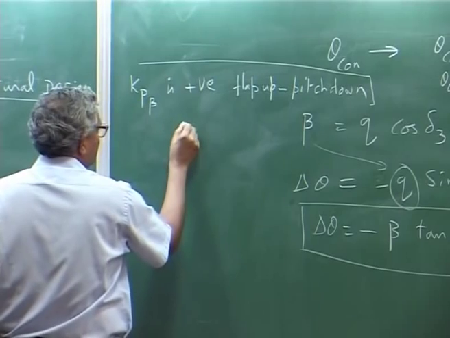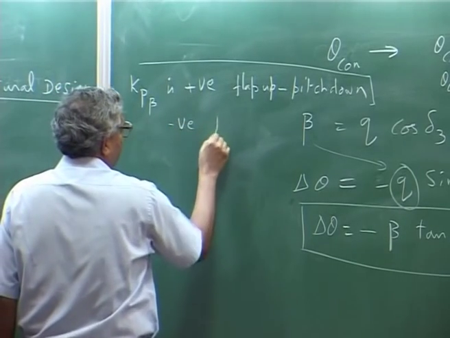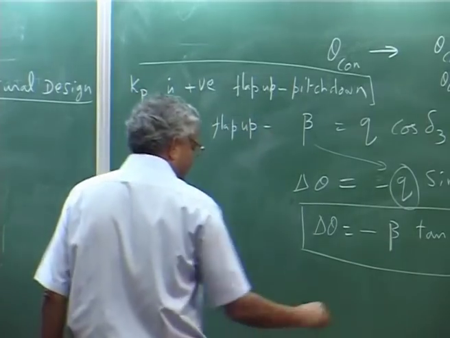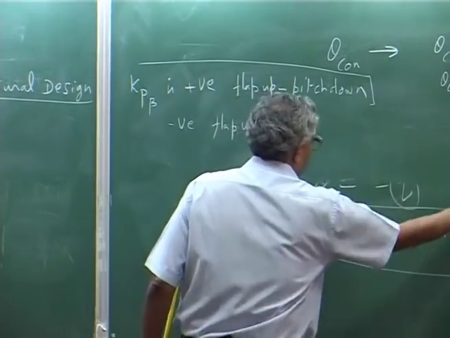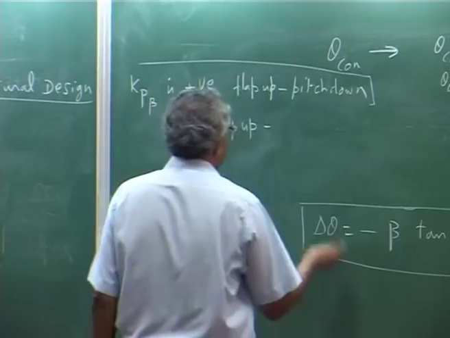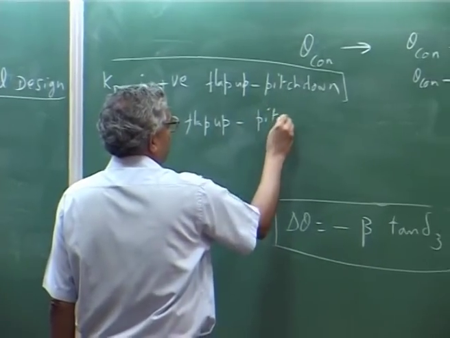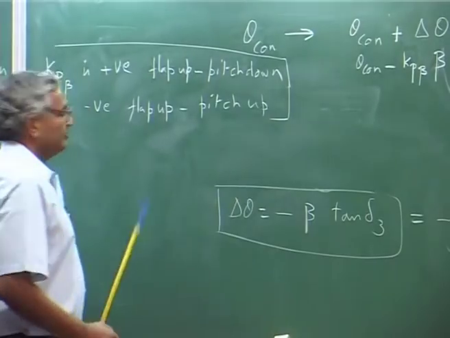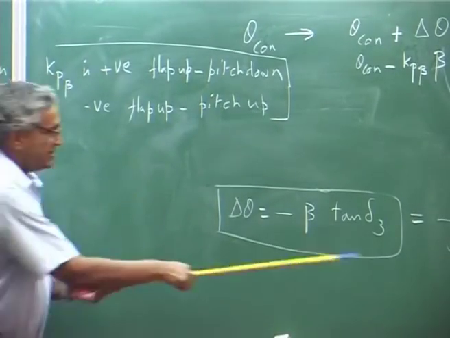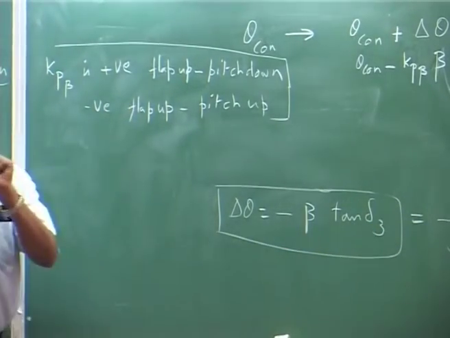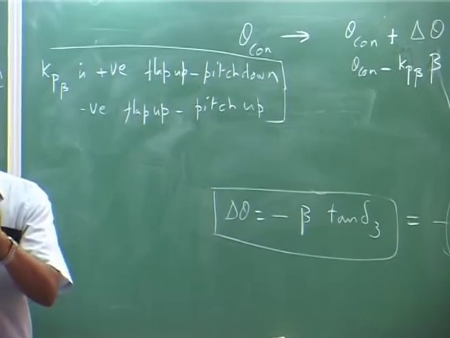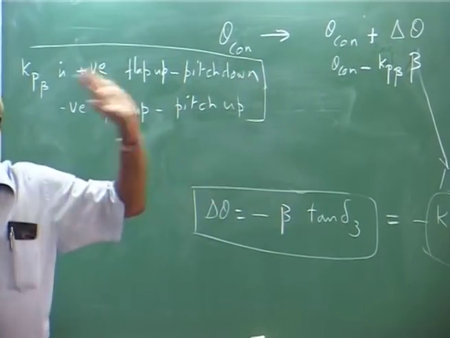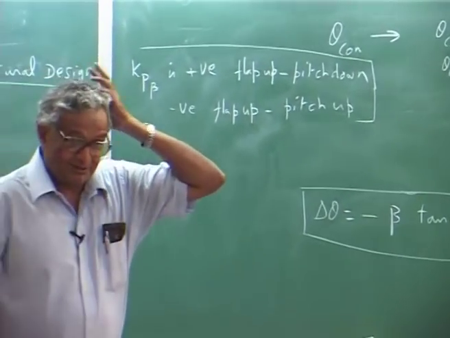And if this is negative, it means flap up, pitch up. So, you always do not take this negative into consideration, only the Kp beta term as it is. If it flaps up, pitch angle will come down automatically.